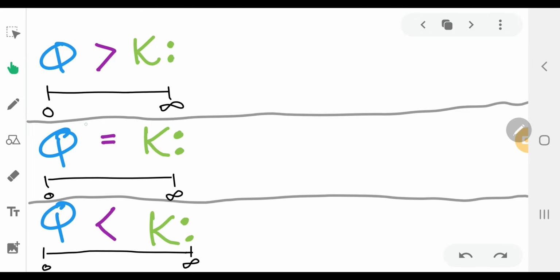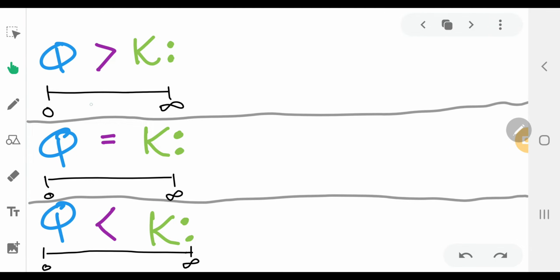To understand this better, it's better to visualize the situation as a range, where the value can be between 0 and infinity. So when Q is bigger than K, you can imagine K closer to 0 and Q closer to infinity.